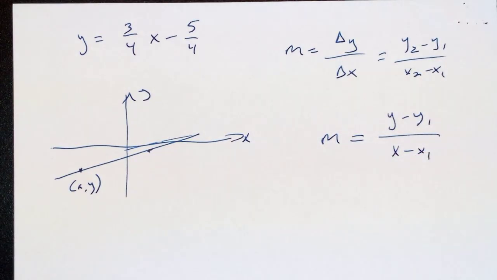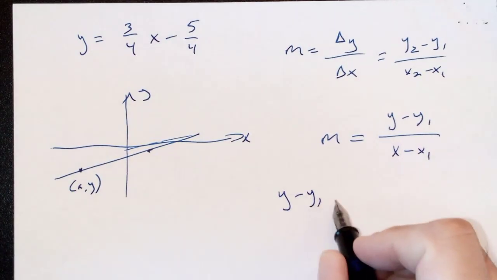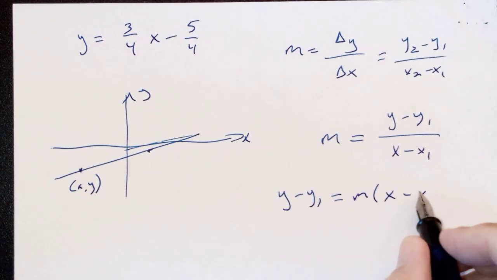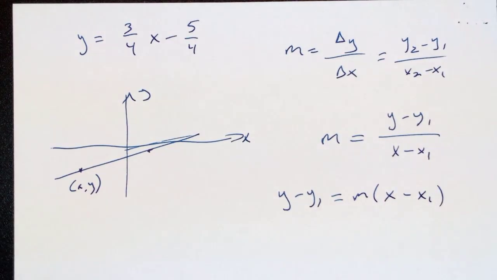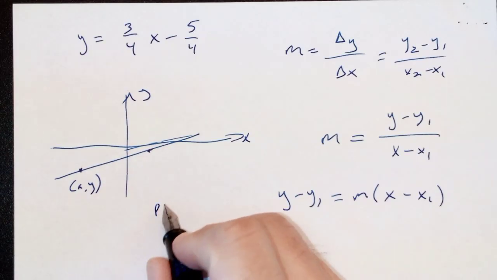And if I multiply that x minus x1 over to the other side, I get a different version of the equation for a line that, instead of having slope and intercept, has slope and then any point we want to use on our line. This is called the point slope form.